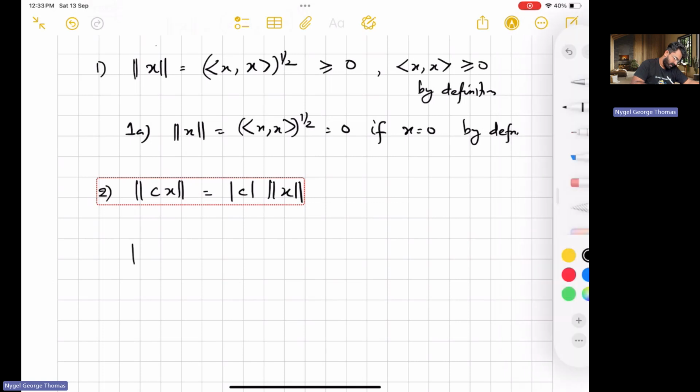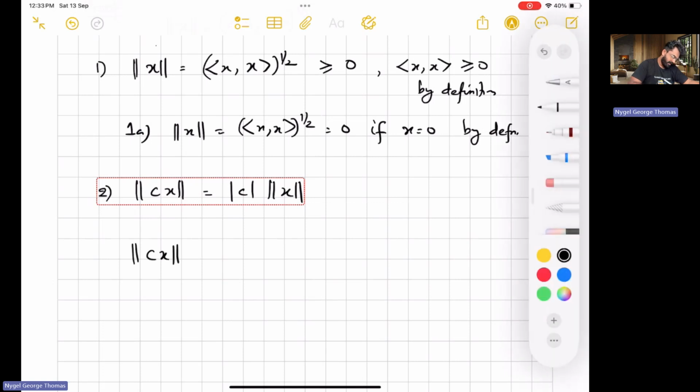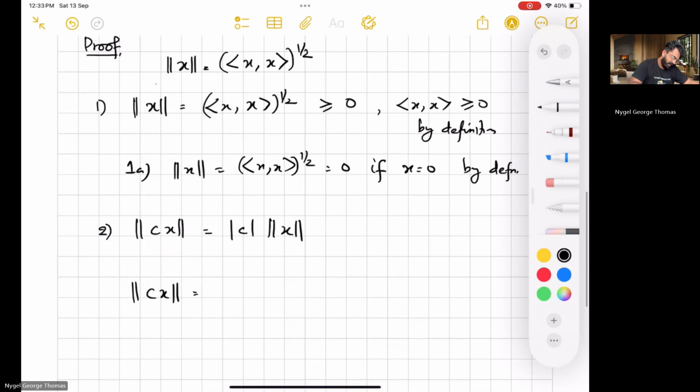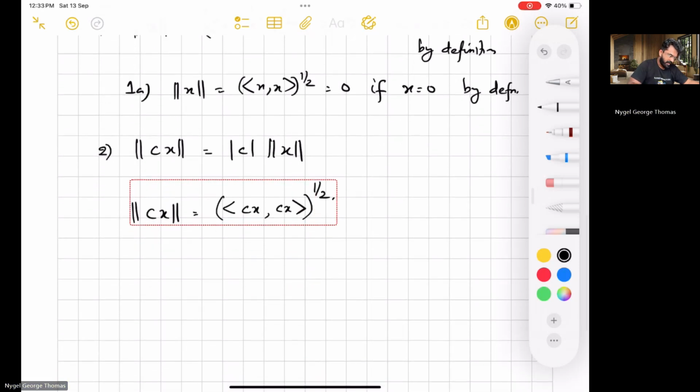So let's look at this. What is the norm of c times x? This is the inner product of cx with cx, all raised to half. So let's look at what is the inside term: cx comma cx. We need to find this, right? For the time being, let's treat the second cx as some vector y.